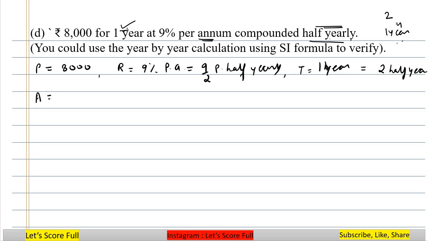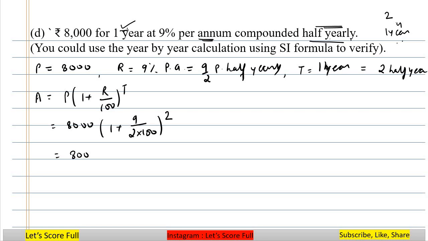So what is amount? Amount is principal 1 plus r by 100 raised to time. Principal is 8,000. 1. Rate of interest is 9 by 2 into 100 raised to 2. We can solve this by taking LCM. So it is 8,000. Here nothing means 1.